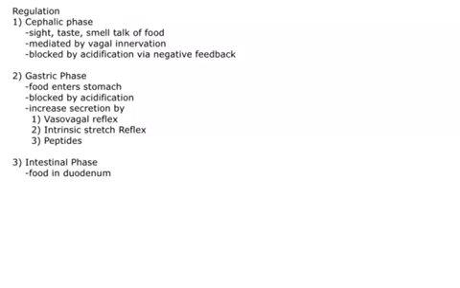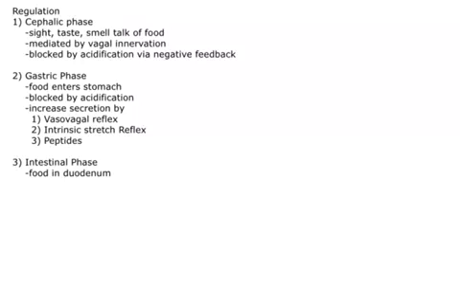And then the gastric phase, that's when the food enters the stomach. It's also blocked by acidification. And there are 3 components that increase secretion. We have the vasovagal reflex, which acts on the G cells and the parietal cells. The G cells secrete gastrin, and the parietal cells secrete acid.